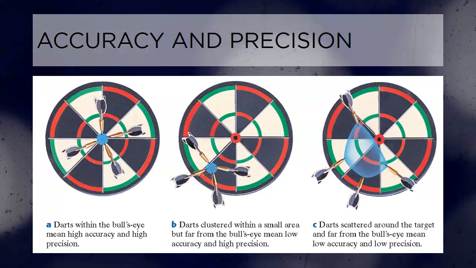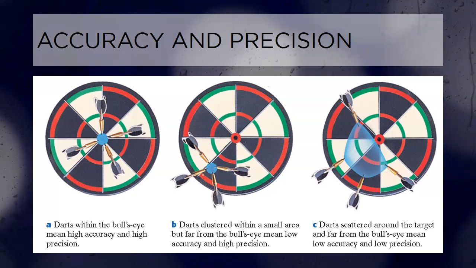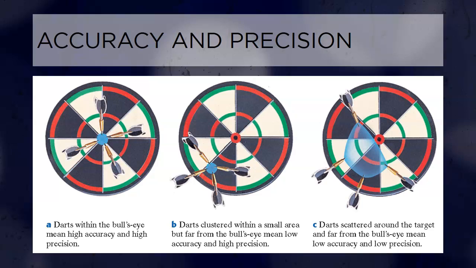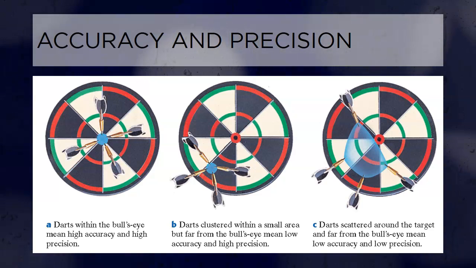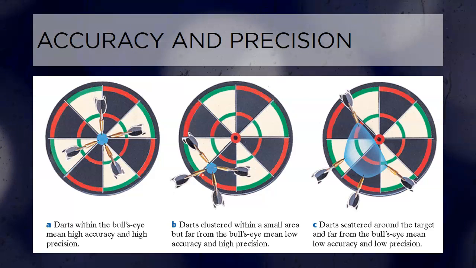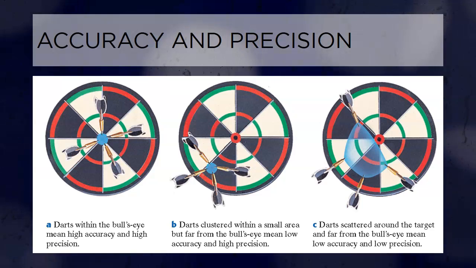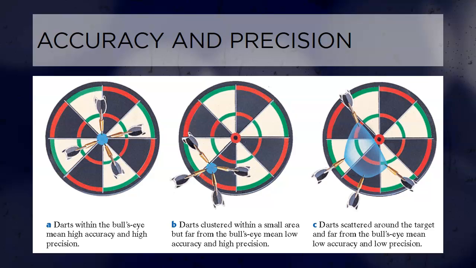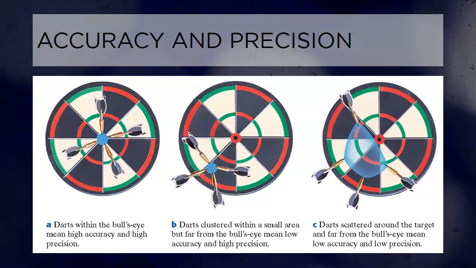If I'm getting them in the same spot down here in the bottom left, I always hit that spot, that's my spot, but I can't get the bullseye. I'm being very precise, but there's something off about my throw that every time I throw it, it's not quite getting the bullseye. So this B here would be an example of something that's very precise, but not accurate.